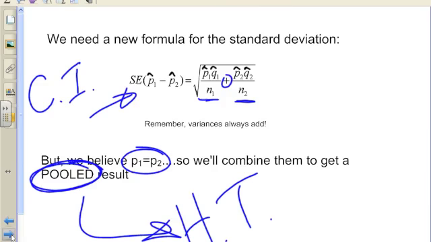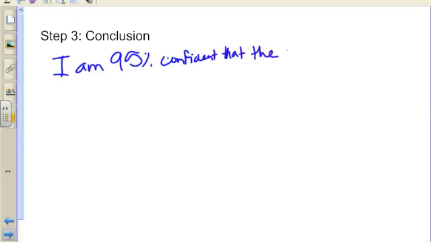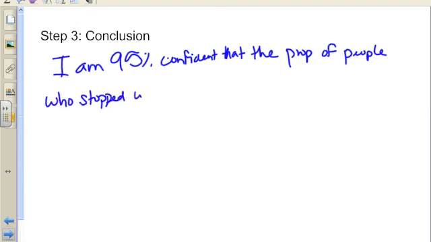So the last thing, of course, that I would need to do is to write this in a conclusion. So I might say that I am 95% confident that the proportion of people who stopped smoking with a support group, remember, I did the difference, p hat 1 minus p hat 2, so I'm talking about p hat 1 first, because I put it first.